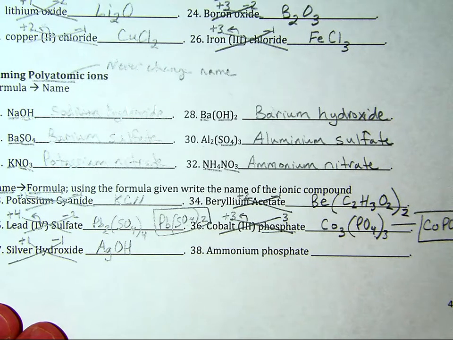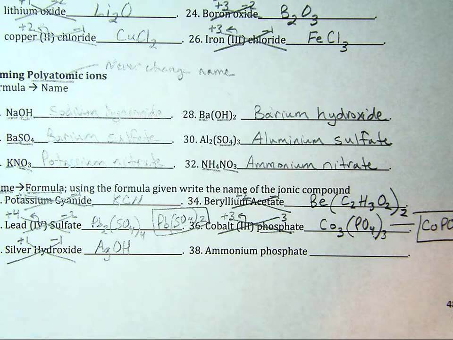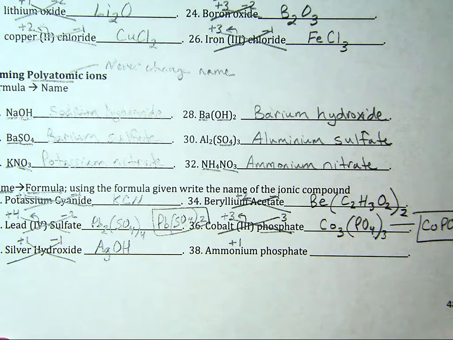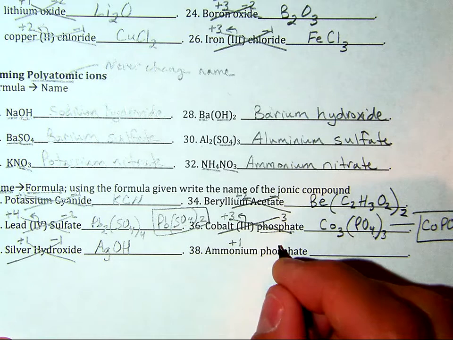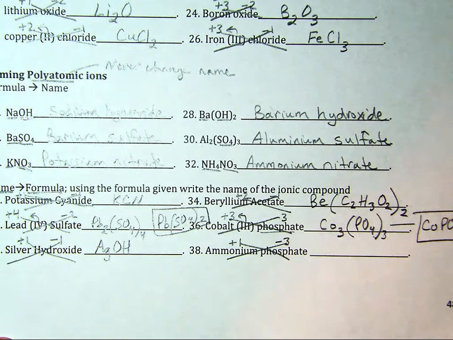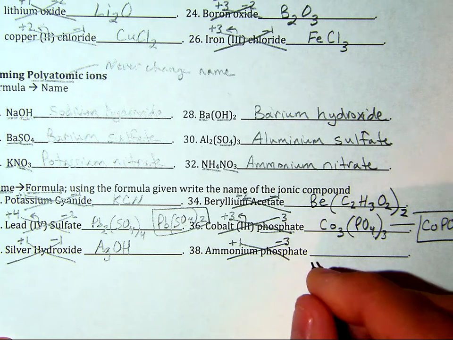All right, number 38. This one's a bit tricky, so let's go over it. Ammonium is polyatomic. It's the only polyatomic ion that has a +1 charge, a positive charge. Okay, and phosphate's polyatomic as well. It has a -3 charge. So when we crisscross this, here's how you would write it.